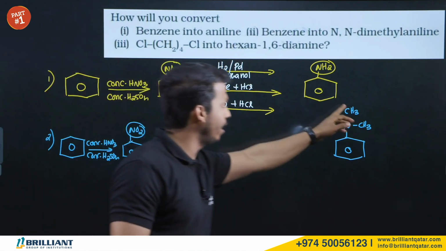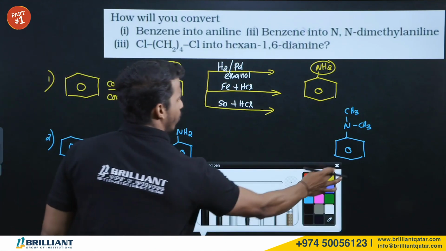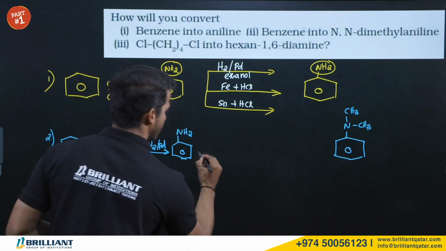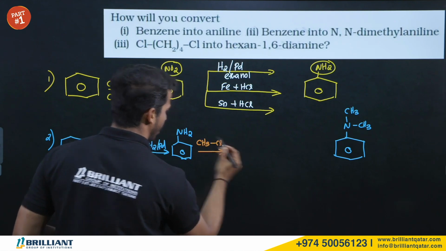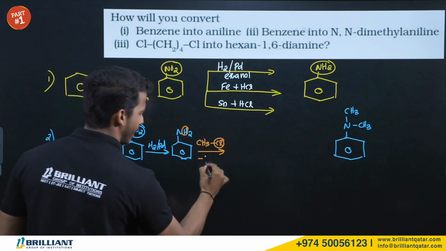How can we add an alkyl group? Dear student, if you want an alkyl group, we can add alkyl halide. If you want CH3 group, let me take CH3Cl, methyl chloride. Here a hydrogen and chlorine are removed as HCl.